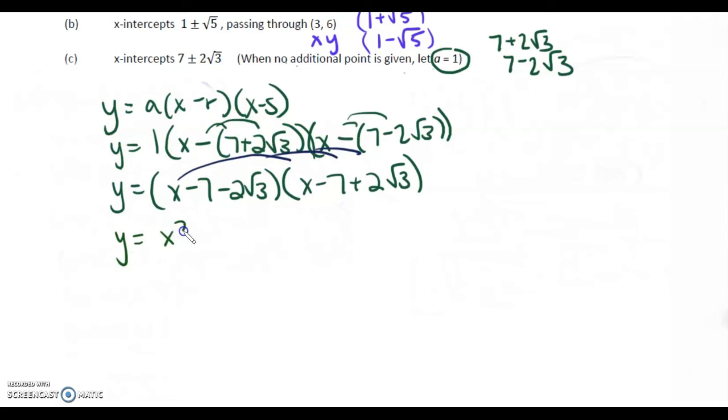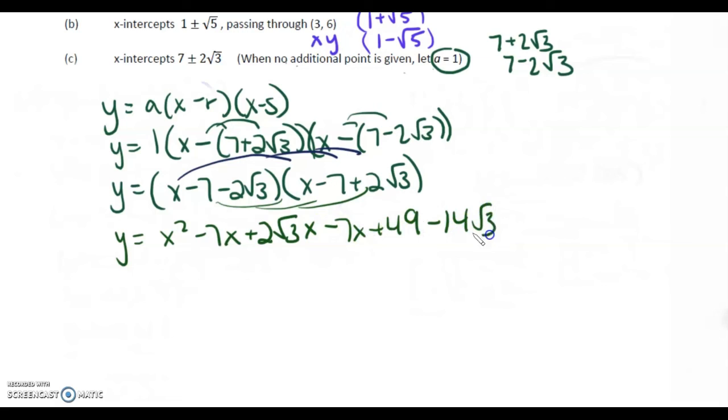We get x squared minus 7x plus 2 root 3x. Okay, now distribute this negative 7 into every term in the second bracket. So negative 7x plus 49 minus 14 root 3. Okay, now distribute this negative 2 root 3 into every term in the second bracket. Negative 2 root 3x plus 14 root 3 minus 4 root 9.